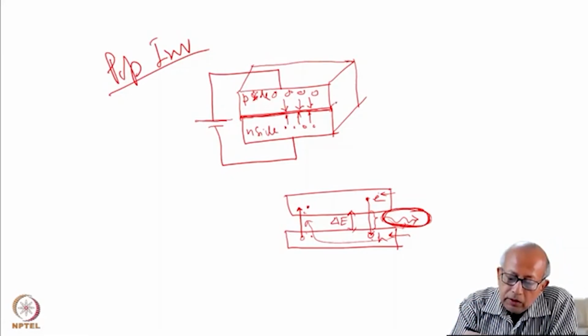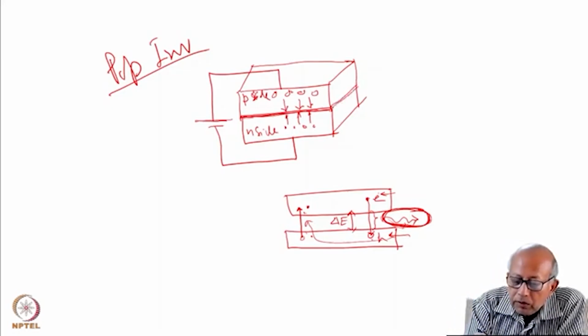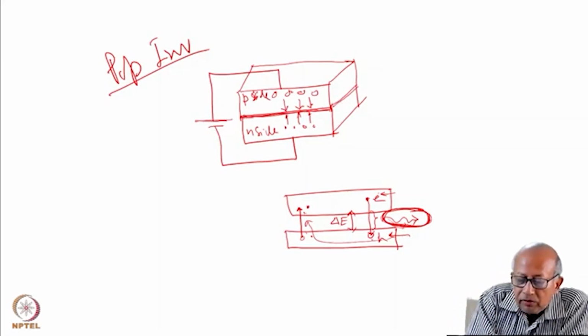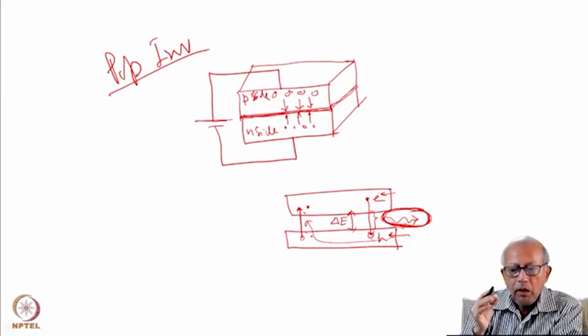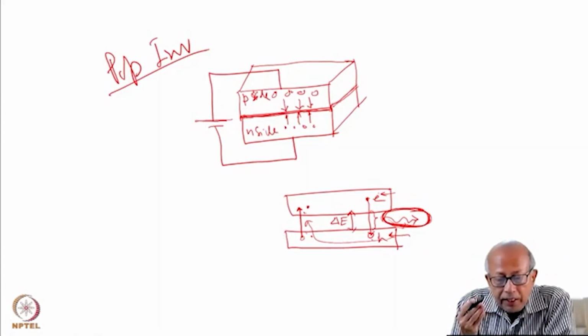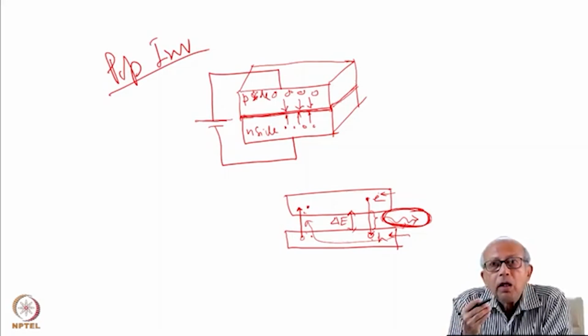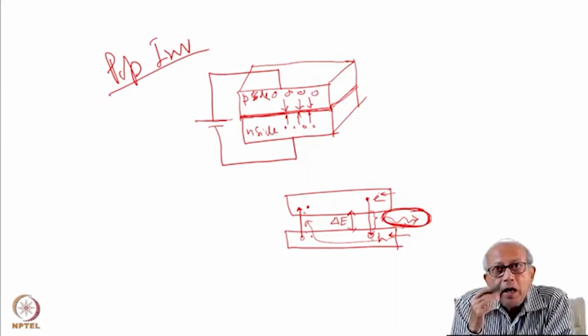So this is the width of this depleted layer. This is the length, the width. Now, as I said, nature has been kind, because most of the semiconductor material has very high refractive index.